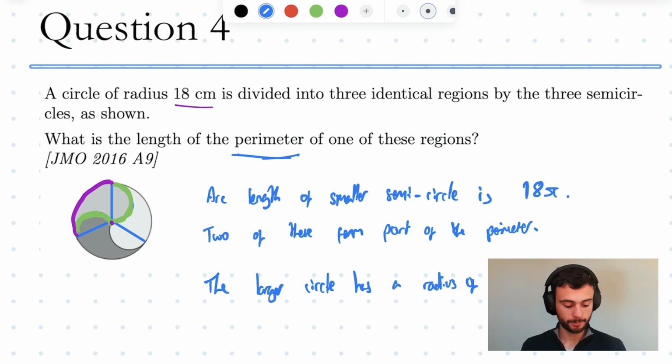And we're trying to find the purple part. So that arc length, that part of the circumference. Now, because we've split it into 3 equal parts, we know that's going to be a third of the overall circumference.